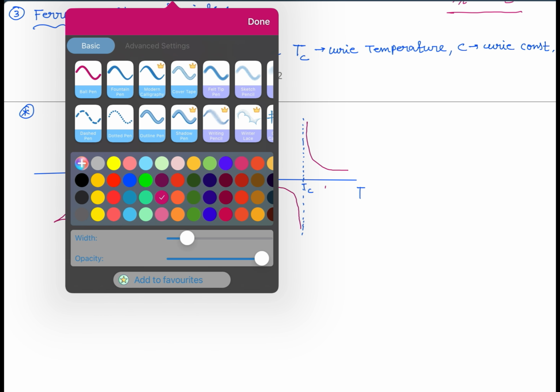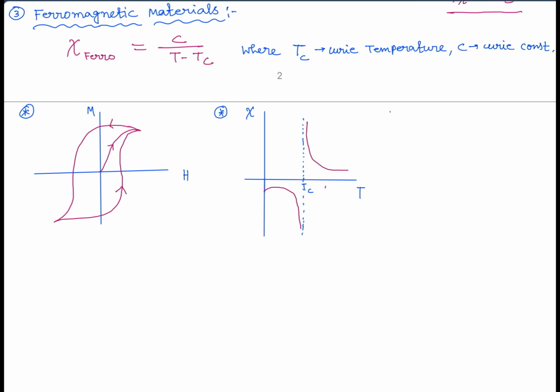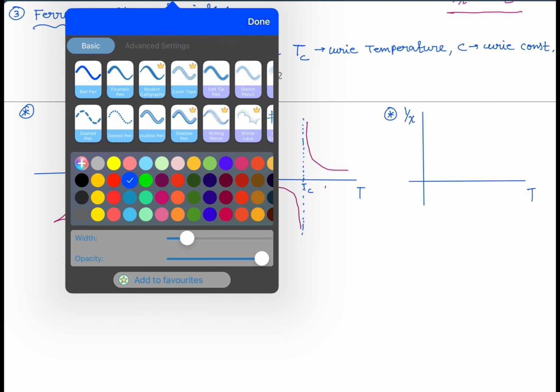Now we draw the curve 1 by chi with temperature. This will look like this.